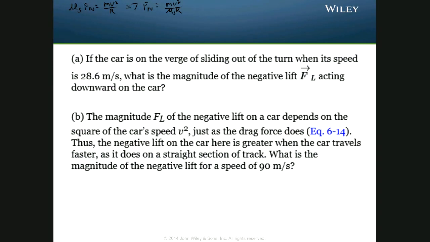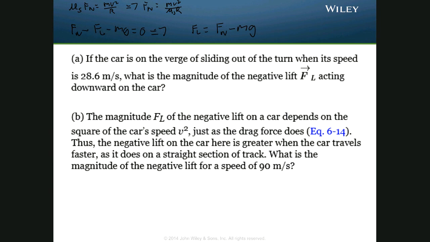And that's important because you'll also recall that Fn minus Fl minus mg equals 0, right? And so we know that this implies that Fl equals Fn minus mg, okay?